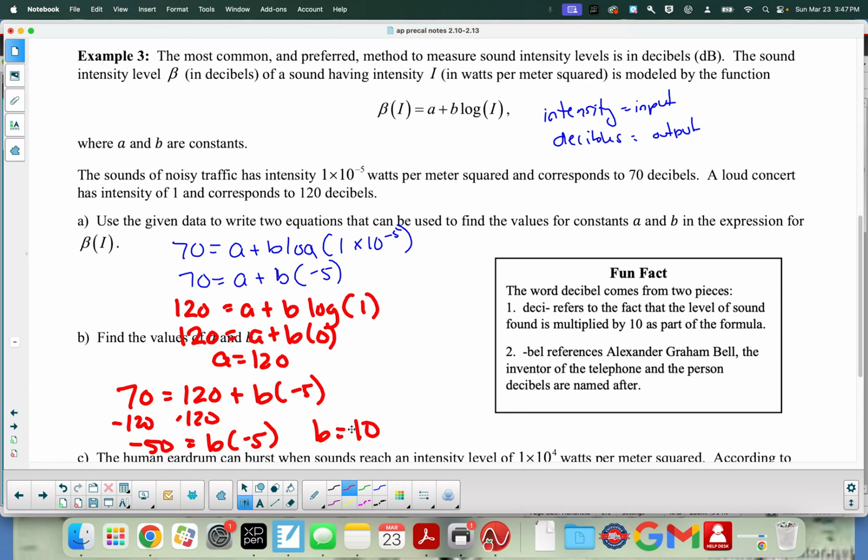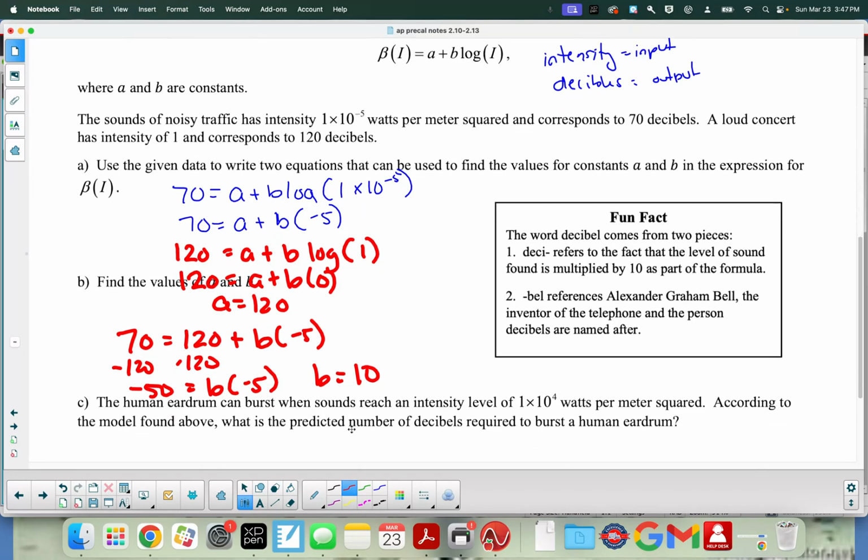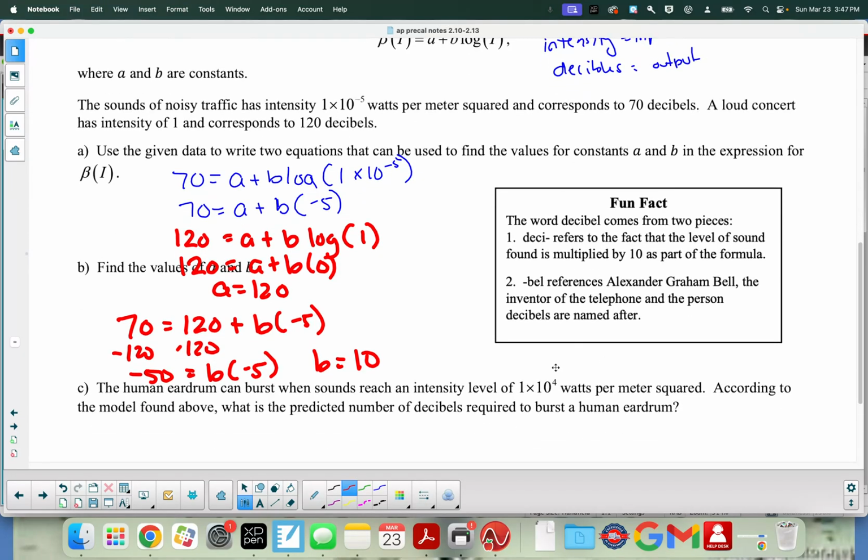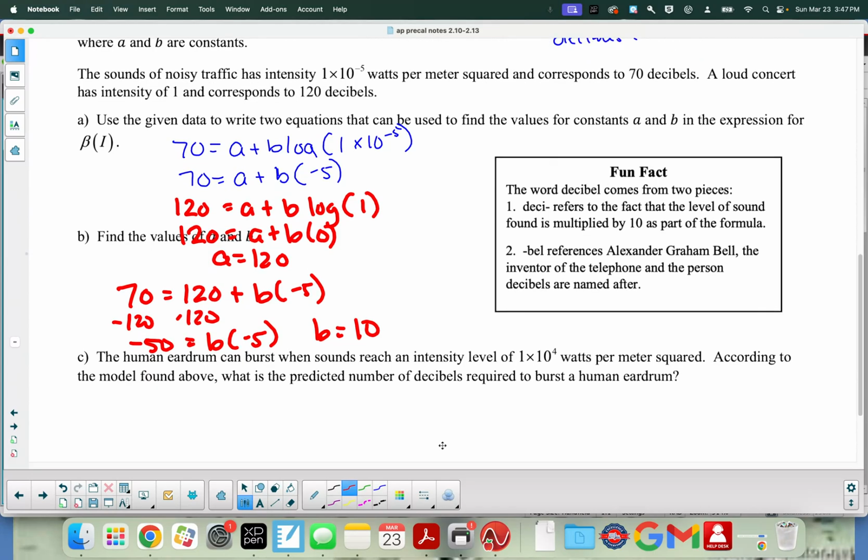Okay, so we're going to actually use this to now solve. The human eardrum, notice this is not a negative anymore, this is a positive. The human eardrum can burst when sounds reach an intensity level of 1 times 10 to the fourth. Now that is the I level, and we are trying to work backwards to find the output.